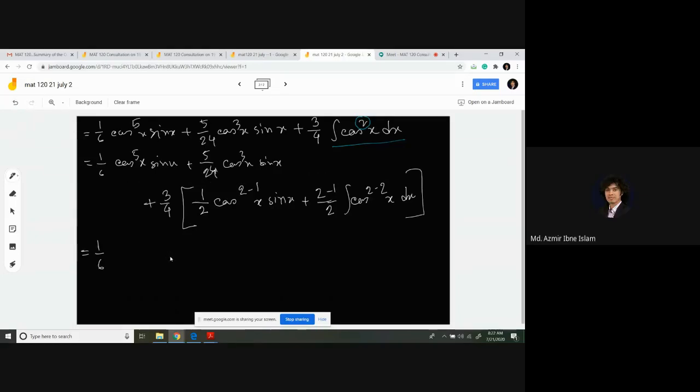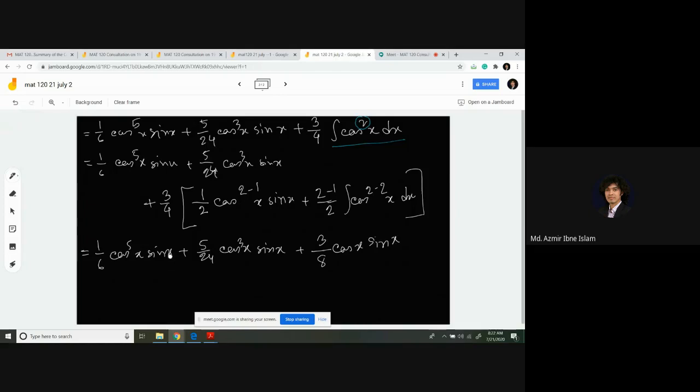So finally 1/6 cos^5 x sin x plus 5/24 cos^3 x sin x plus 3 times, 3/8. Now if we calculate this one, it will be cos^1 x, that means we can just write cos x sin x.